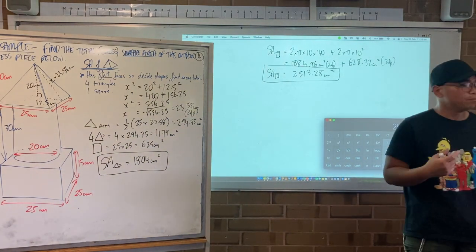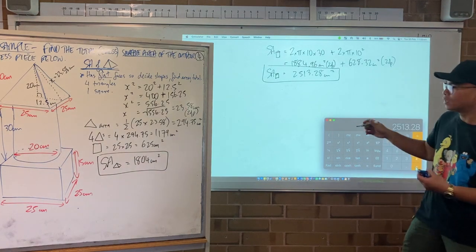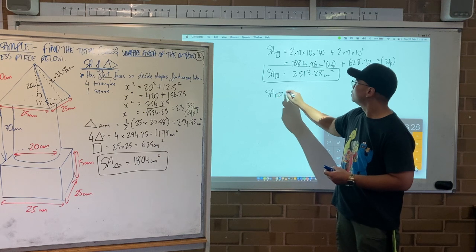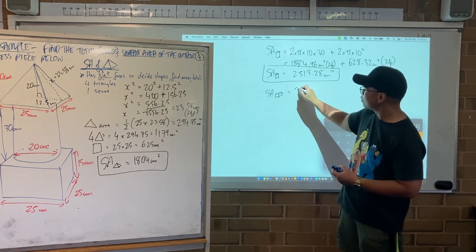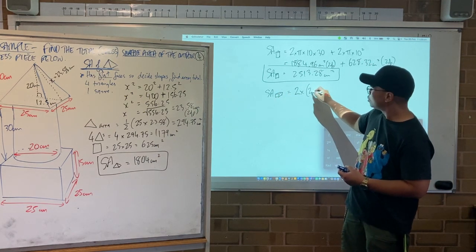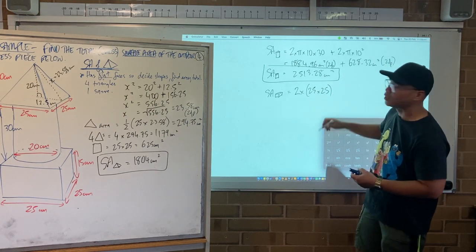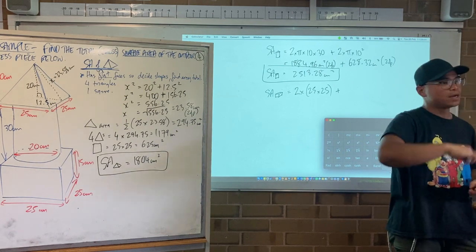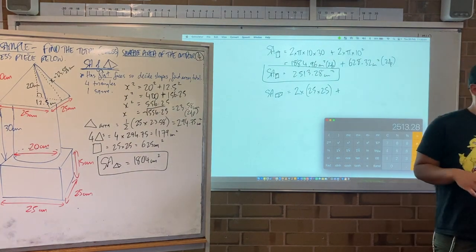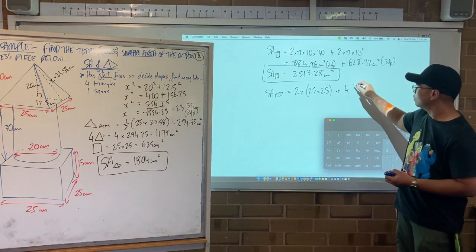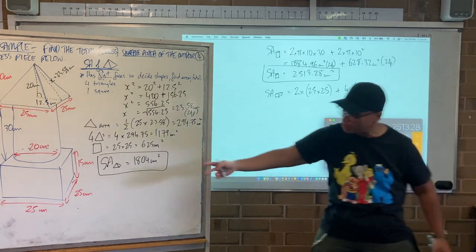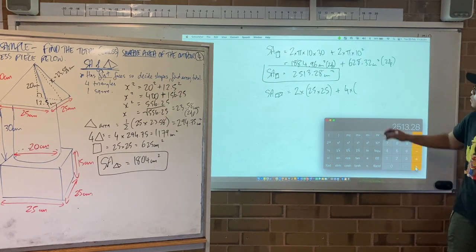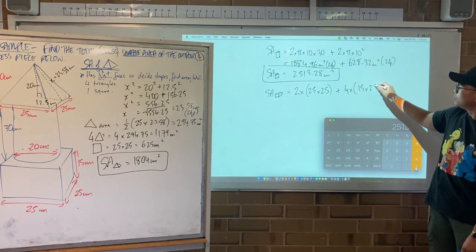Your design may not be, I'm pretty sure most of them are, but here, the surface area of the rectangular prism is going to be 2 squares, 2 times 25 by 25, that's the top and the bottom, plus how many rectangles around the side that are all the same? 4 lots of, what's the area of those rectangles, where they're 15 centimeters tall, how wide are they? 25. 15 times 25.